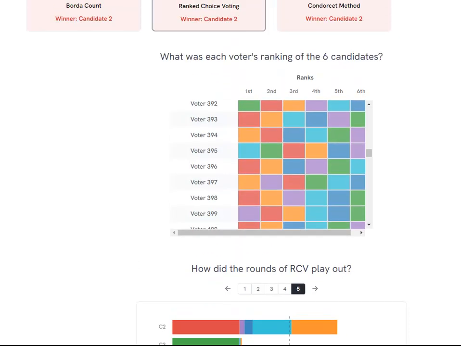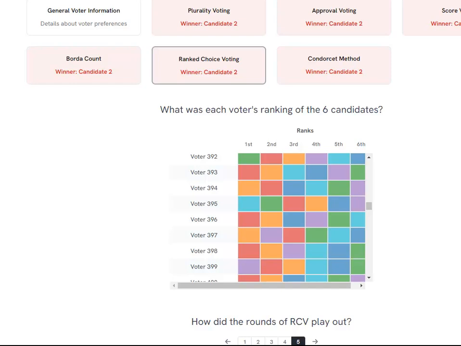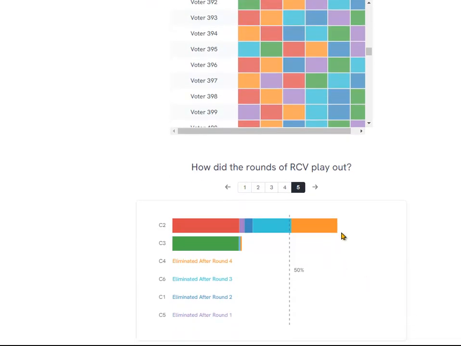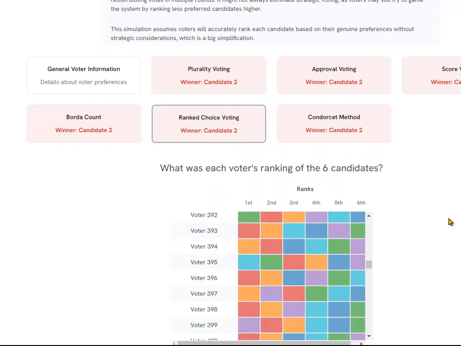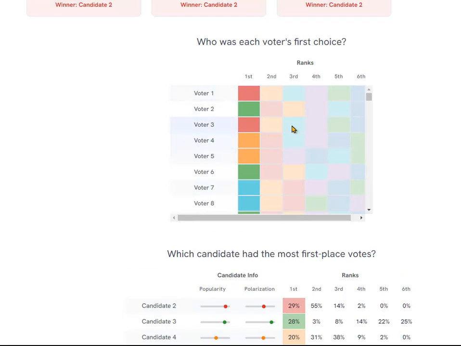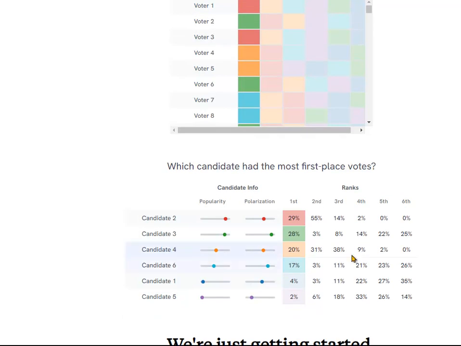So when you go to ranked choice voting, where you do this kind of voting, this one looks like a neighborhood of 70% versus 30%. But in plurality voting, the same candidates, the same first votes, and of course there are no second and other votes, candidate 2 was 29% versus 28%.